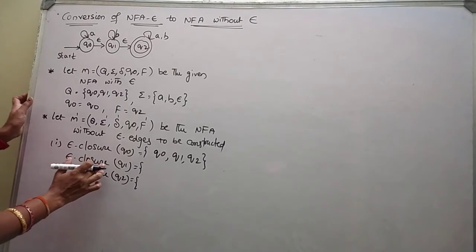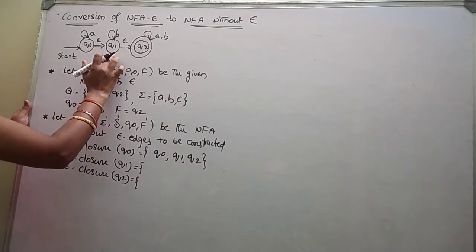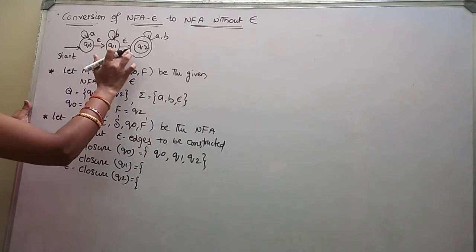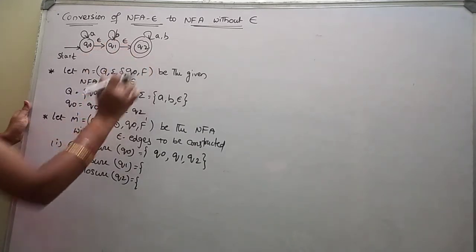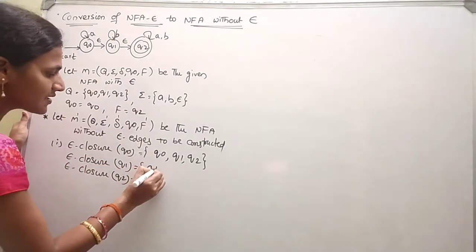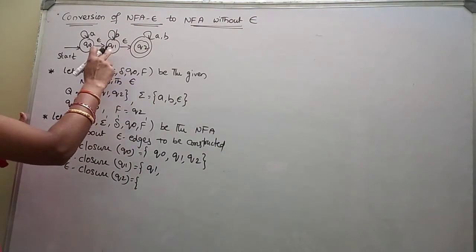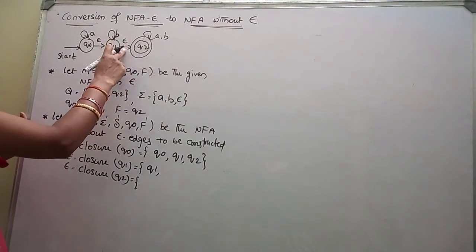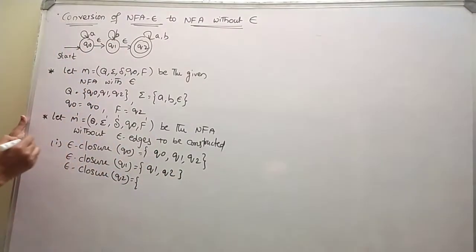Okay, now go for the epsilon closure of q1. There is a transition by taking input symbol epsilon from q1 to q2. So q1 itself is one of the resultant states, and we have a transition from q1 to q2 by taking the input symbol epsilon, so q2 is also a resultant state.